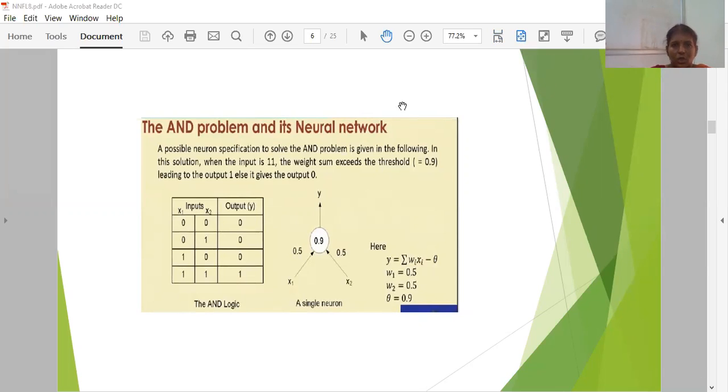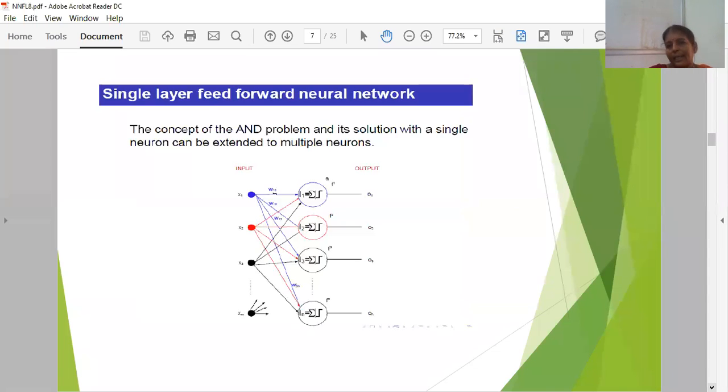Okay, please note down. Here we can extend this AND problem and its solution with multiple neurons. In a single feed forward neural network, instead of selecting only one neuron, you can go for n number of neurons also.